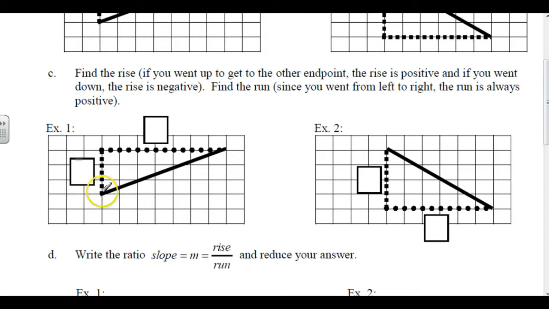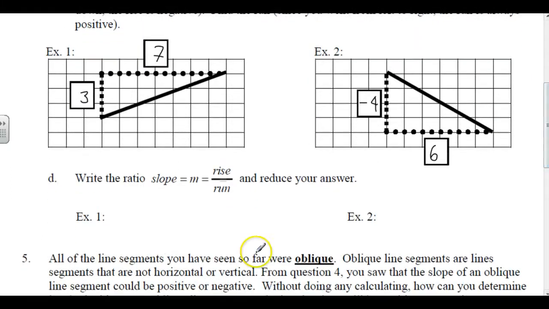Okay, so here we're just doing a counting thing. 1, 2, 3, up 3, 1, 2, 3, 4, 5, 6, 7, right 7. Here we're going 1, 2, 3, 4, down 4, and 1, 2, 3, 4, 5, 6, right 6. This will always be positive since we'll always be going to the right.